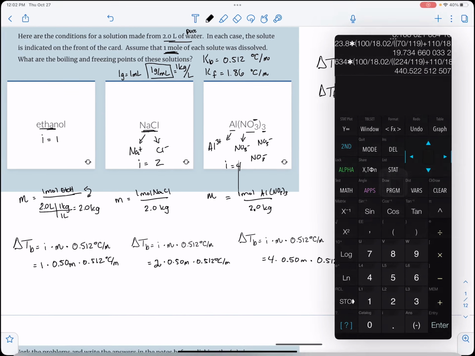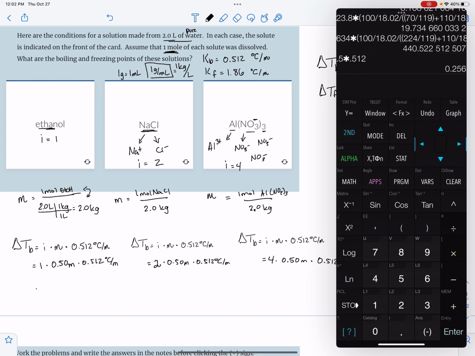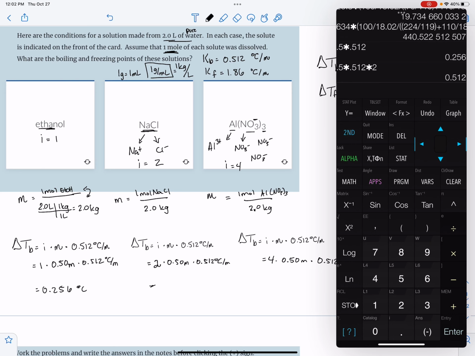So I'm going to put this over here. And so I have 0.5 times 0.512. So this gives me 0.256 degrees Celsius. And that was an understood 1, that's why I didn't put it in. But now this one will be times 2, 0.512.